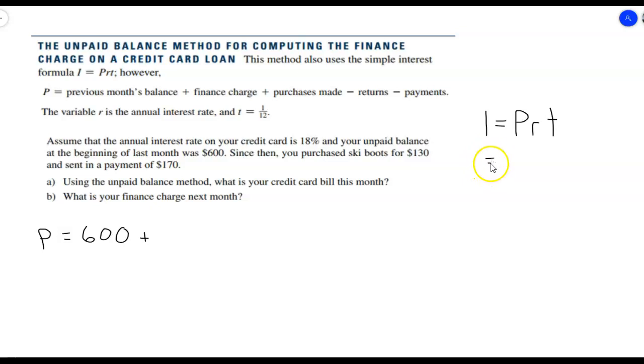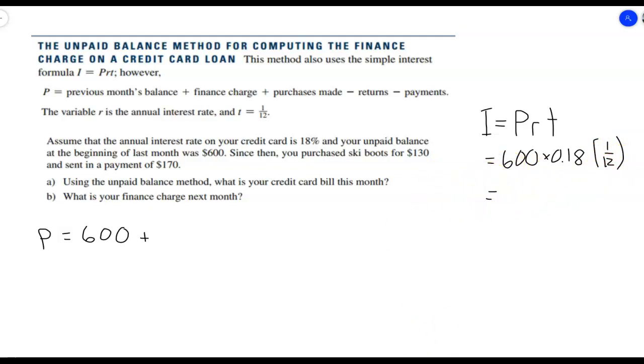In this case, I is equal to 600 times the rate. 18% is 0.18. Remember, you convert the percentage to decimal form. And for T, remember, we're using 1/12. So this is going to be our finance charge there.